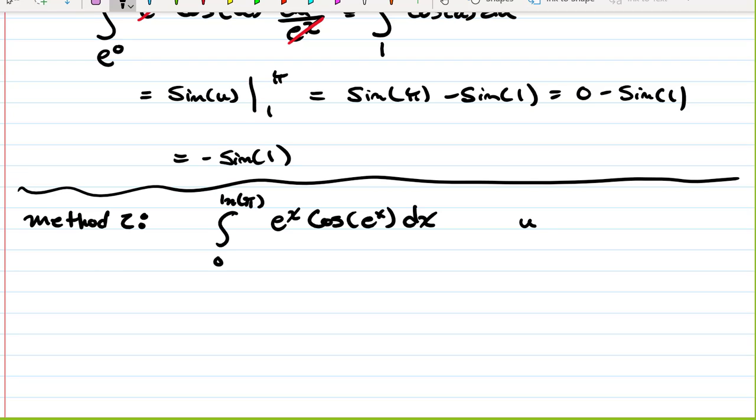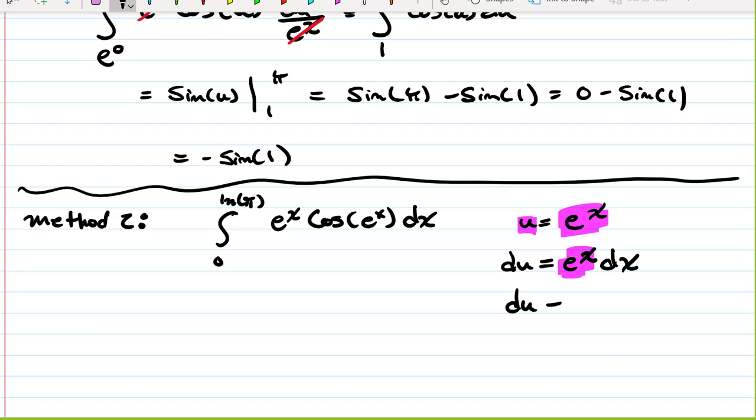So our u substitution wouldn't change. We would have u still equals e to the x, and du is equal to our derivative of e to the x, which is still e to the x dx. But we'll notice that e to the x is the same as u.